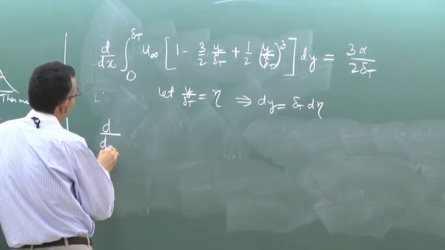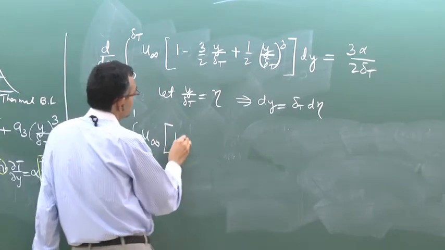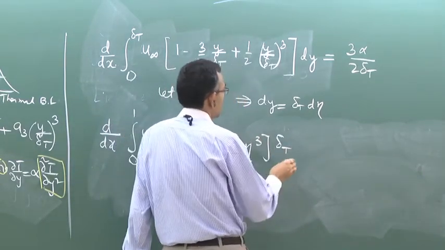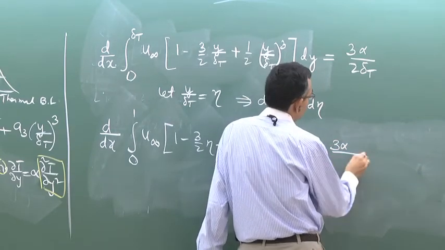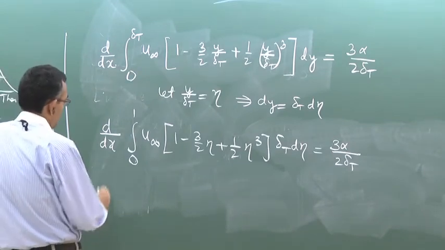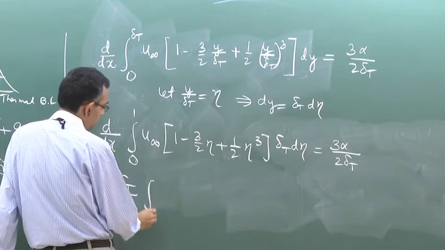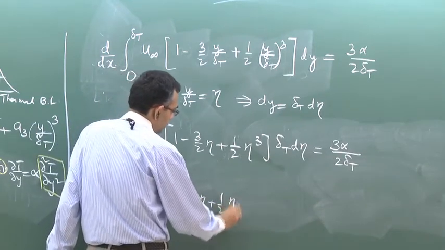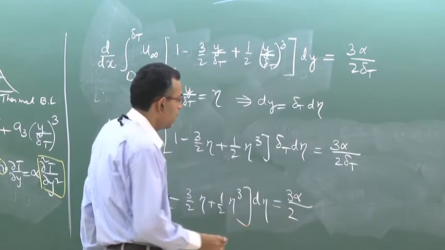So d dx of this is equal to 3 alpha by 2 delta t.